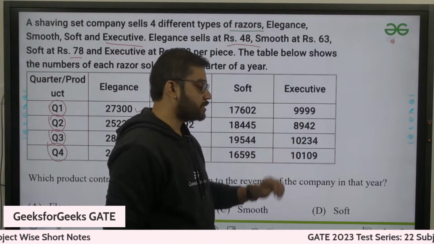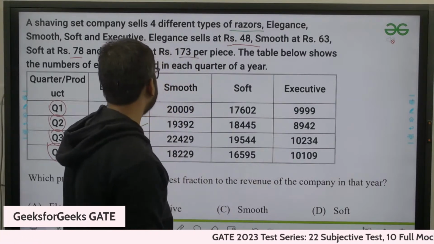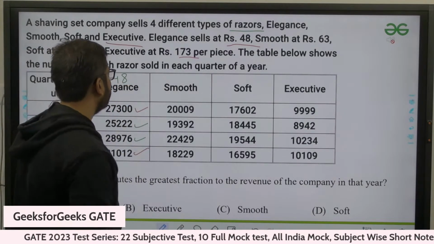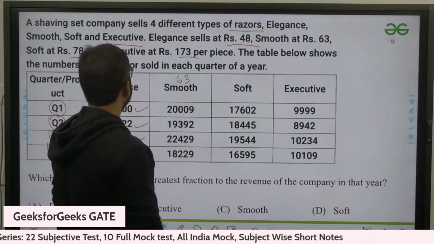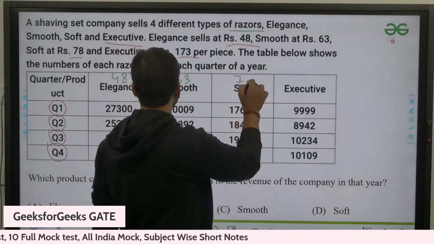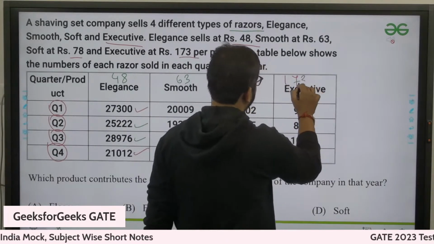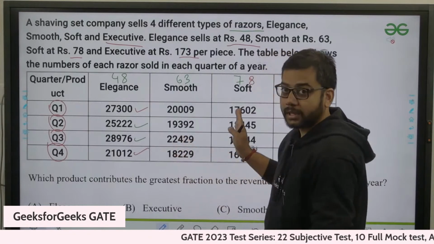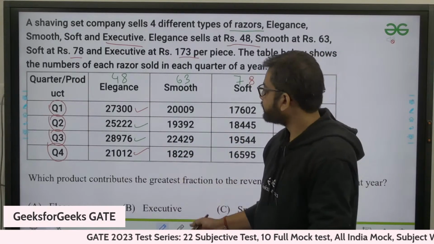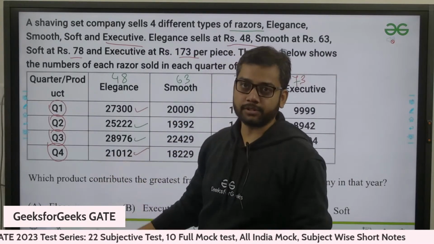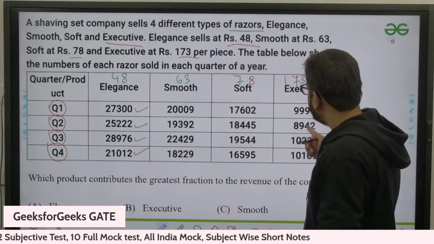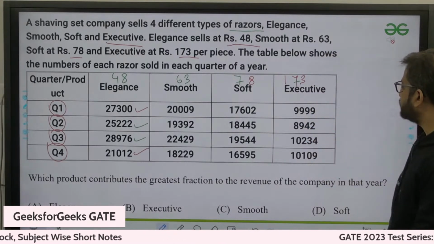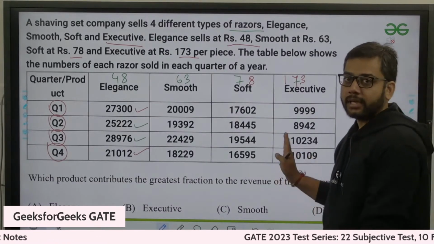The price per unit is 48 rupees for elegance, 63 for smooth, 78 for soft, and 173 for executive. So we have two data sets: the production in every quarter and the price. If I add these up, 9999 plus 8942 plus 10234 plus 10109, this is our annual production.